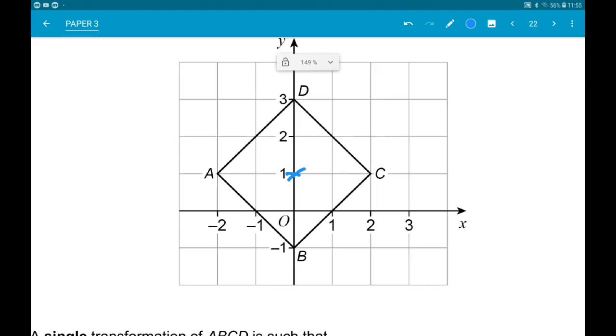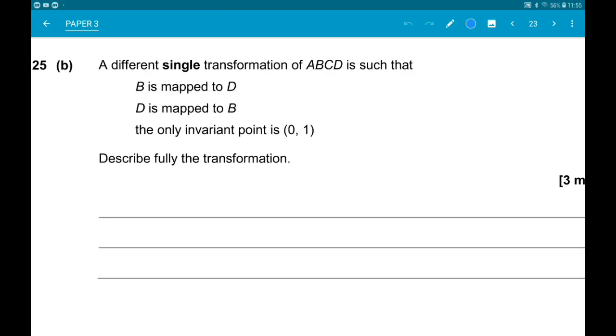So it's going to have to be a rotation. Now for B and D to swap, it's going to have to be 180 degrees. And the center is 0, 1.